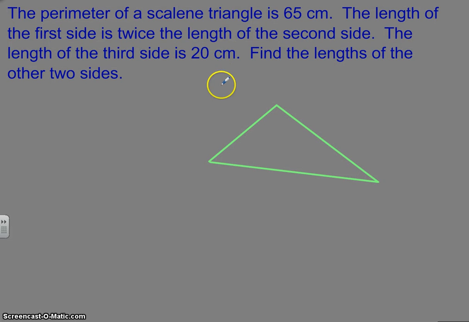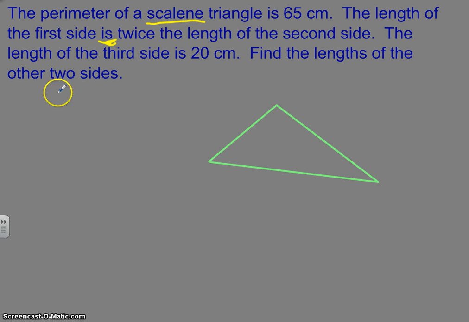Okay, next page. Let's look at a few problems we might run into today as we're doing the worksheet. The perimeter of a scalene triangle is 65 centimeters. That means, scalene here, all the sides are different lengths. Okay, the length of the first side is twice the length of the second side. Okay, here is an equation. We see the word is, that's telling us equals, okay? The length of the first side, well, what is that?